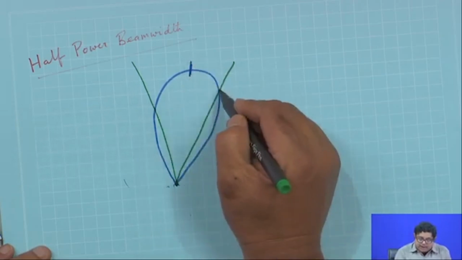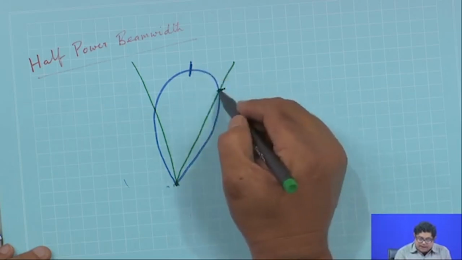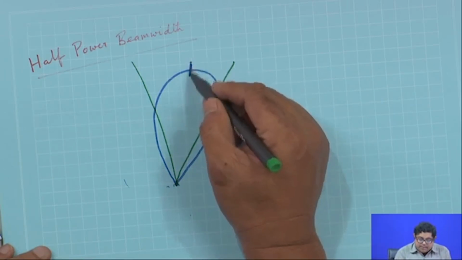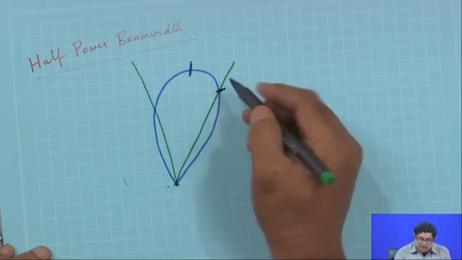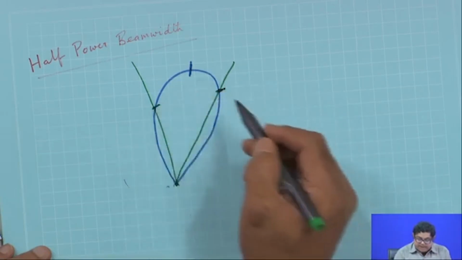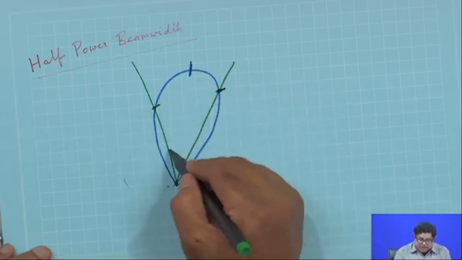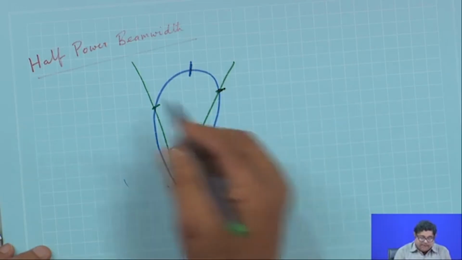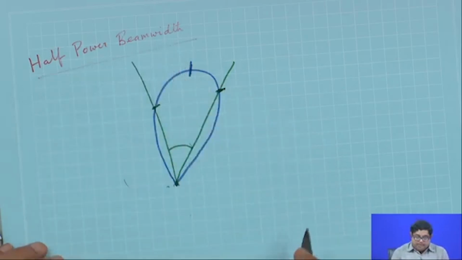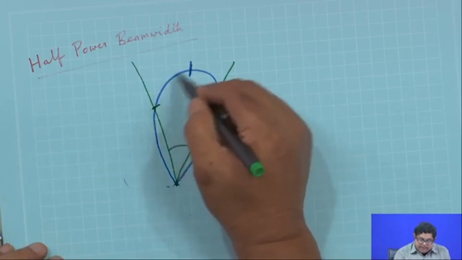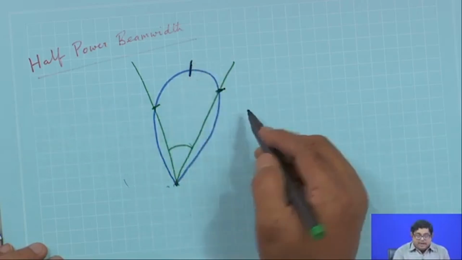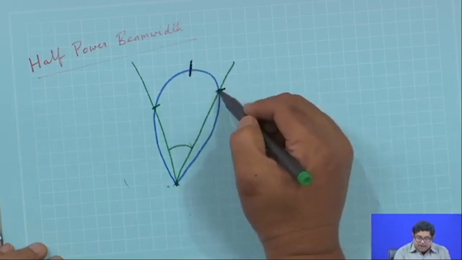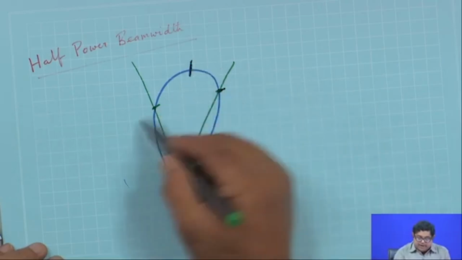Now, I locate, usually we locate power wise, where from maximum I have half power. So, this is one point where I have half power, and this is another point where we have half power. So, this angle between them is called the half power beam width. So, from the radiation pattern I can find the main beam, I locate the maximum, and from the maximum I locate the 2 points on the two sides.